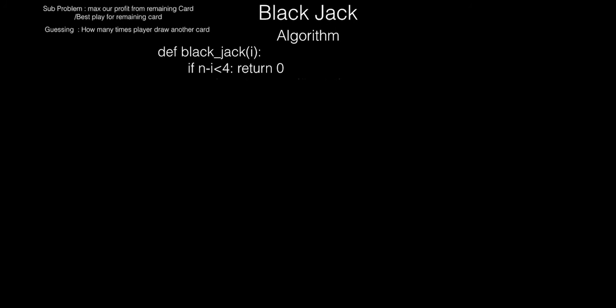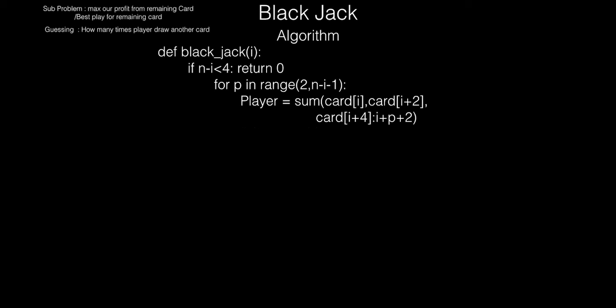So the code says if you have less than 4 cards, then the game is not possible. If the player sum is greater than 21, the player loses, and then we recursively call for the next game, and then the next, and in the game we see the player cards and the cards of the dealer. So the subproblem is n squared and the guessing is n, and that's how it's n cubed.